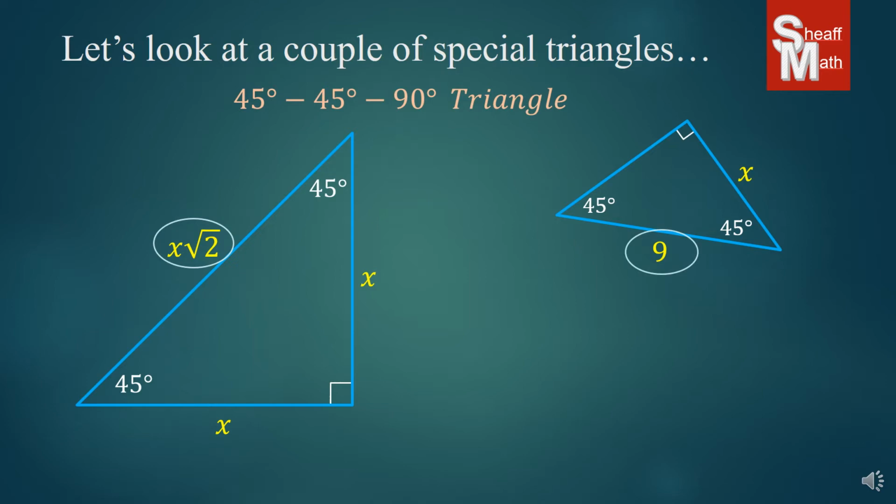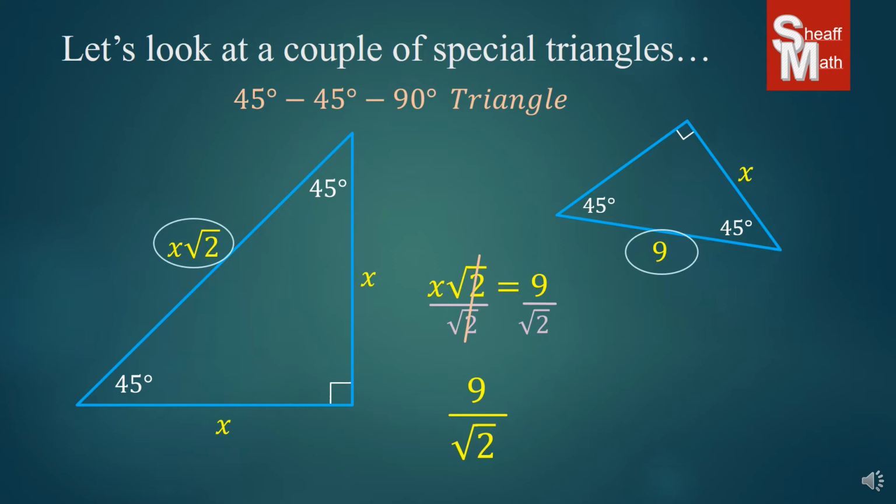Since they're equal to each other, let's set them equal and solve for x. So how do we undo that radical 2 that's multiplying the x? Well, we divide by radical 2, we cross that out, and we get x equals 9 over radical 2.